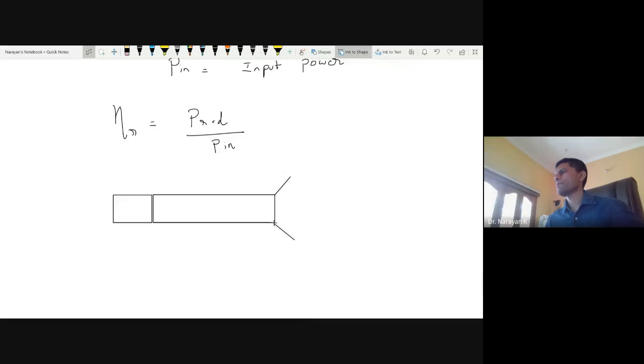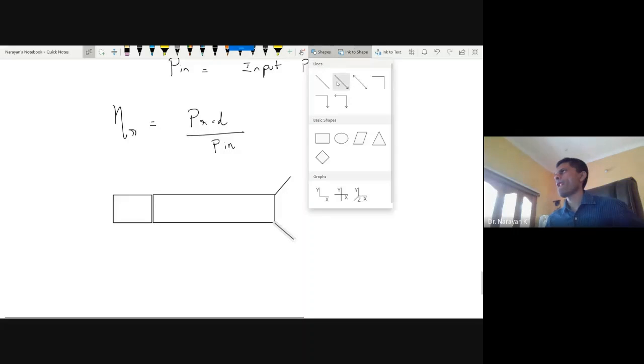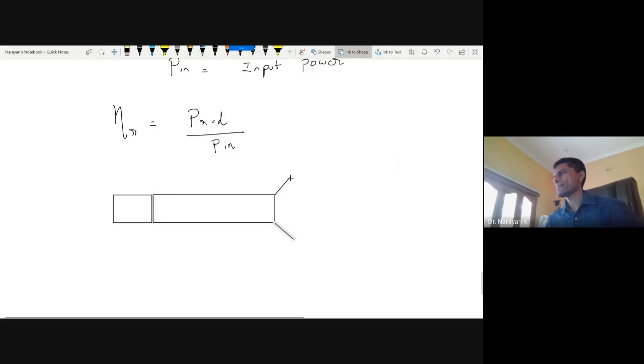Just keep drawing with me. So this is your electromagnetic source, EM source. This is your waveguide. This is your antenna. Okay. So this is your dielectric waveguide or microwave waveguide.